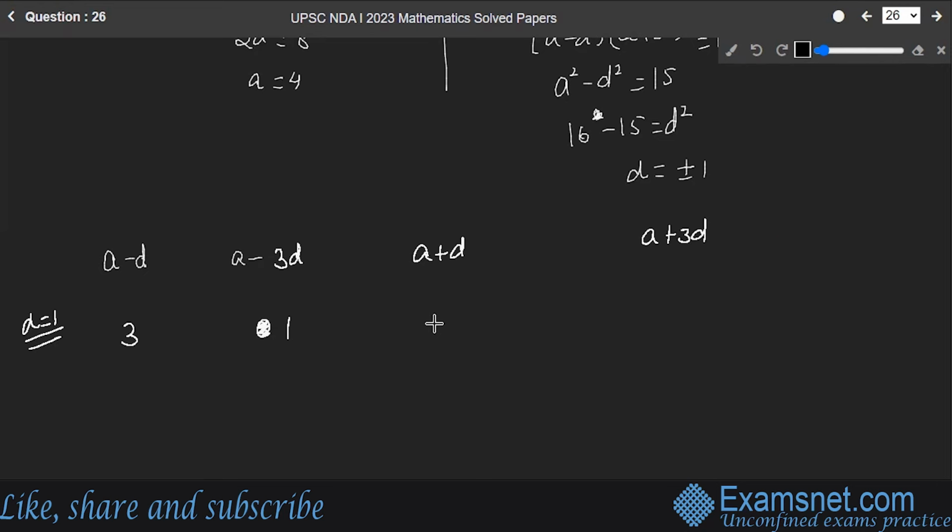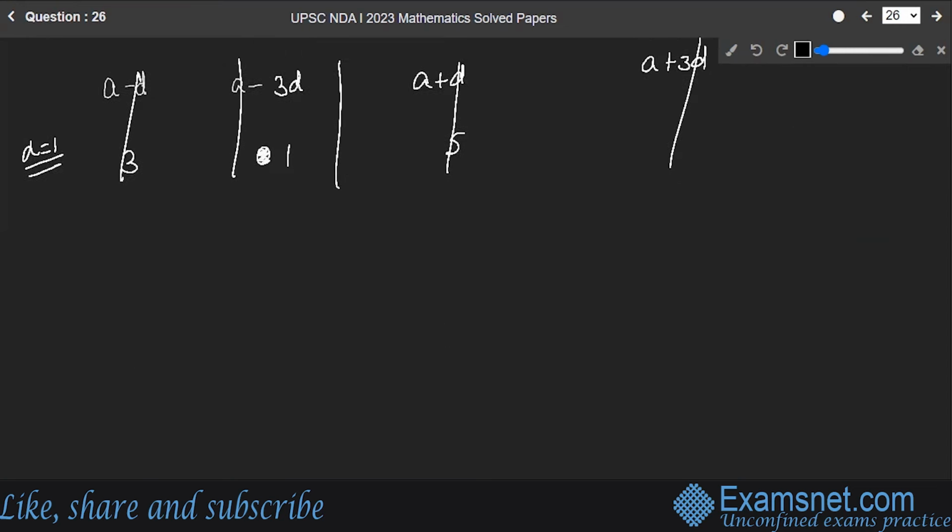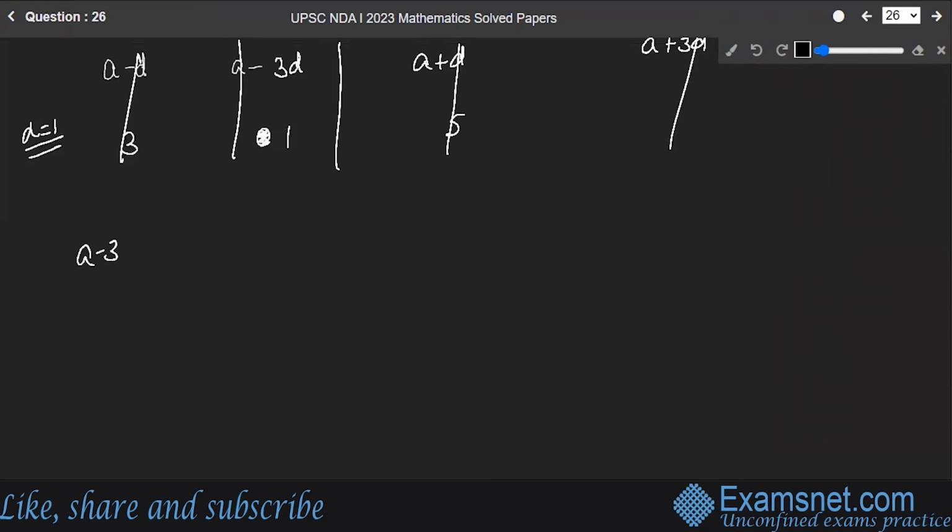This will be equal to A plus D, that is equal to 5. Sorry, I have made this mistake. These numbers are not like this. The numbers were A minus 3D, A minus D, A plus D, and A plus 3D.